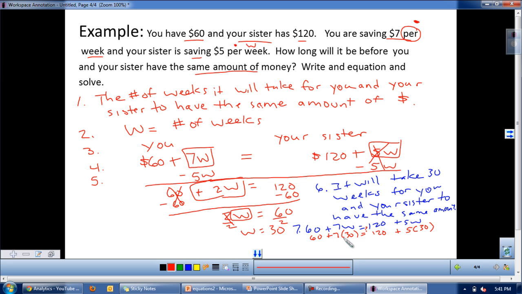Well, 7 times 30 is 210. Bring down 60. Bring down the equal sign and question mark. 5 times 30, that is 150. Bring down 120. 60 plus 210, that's 270. 120 plus 150, that's 270. And look at that. Okay, in 30 weeks, both you and your sister will have $270 in your savings.